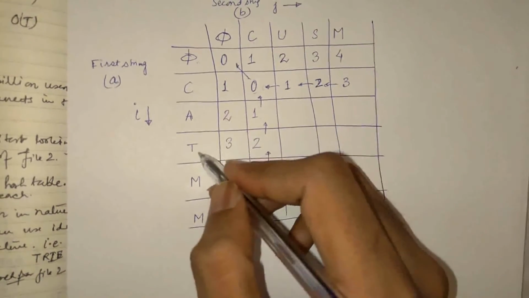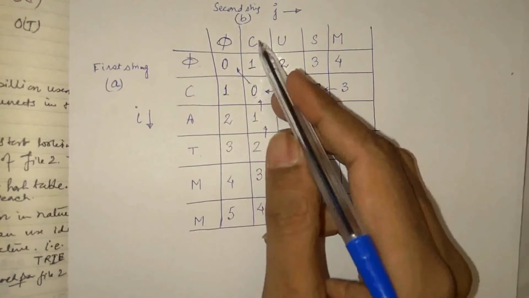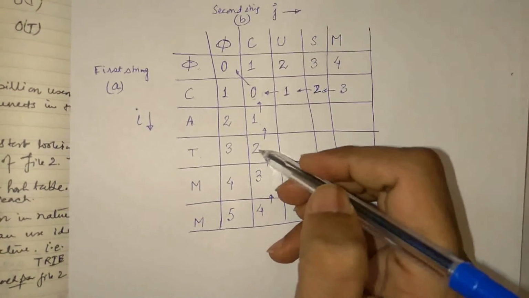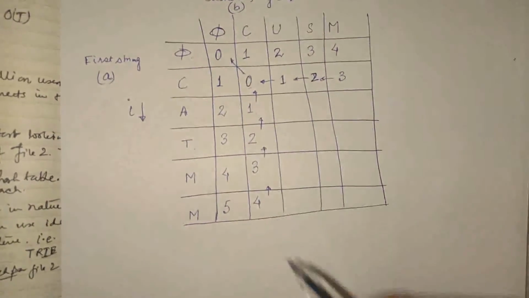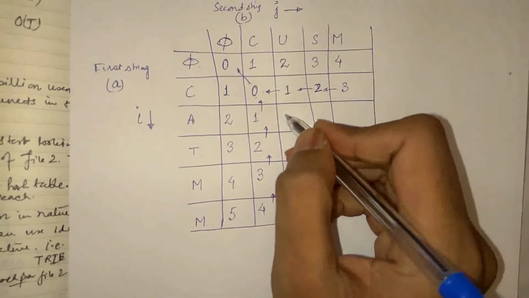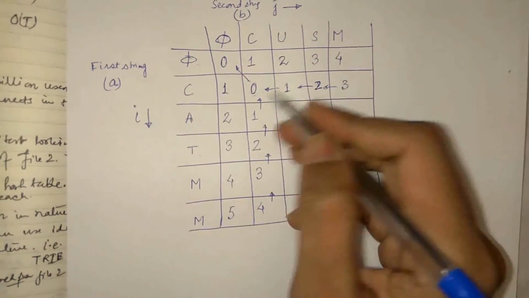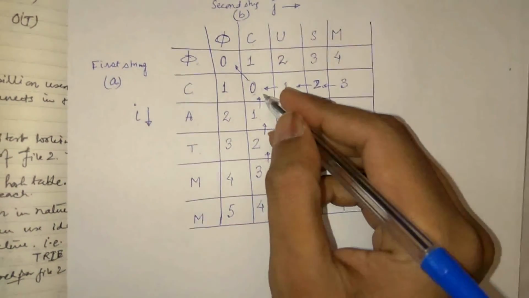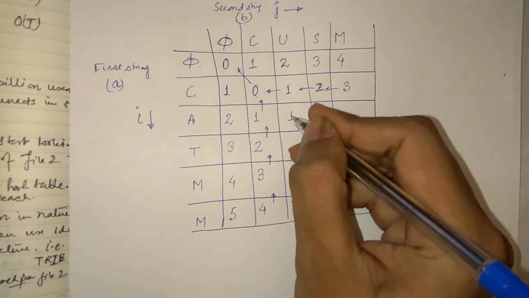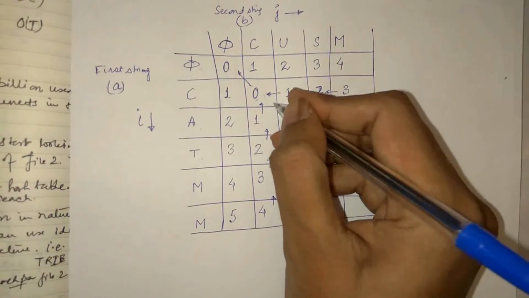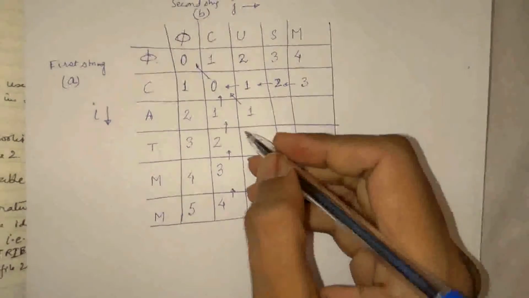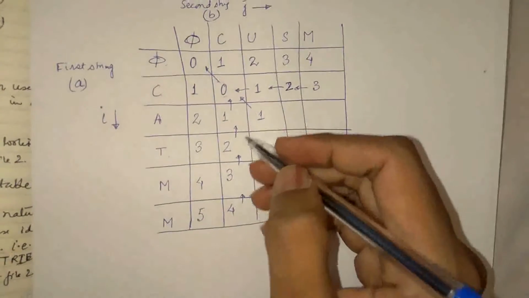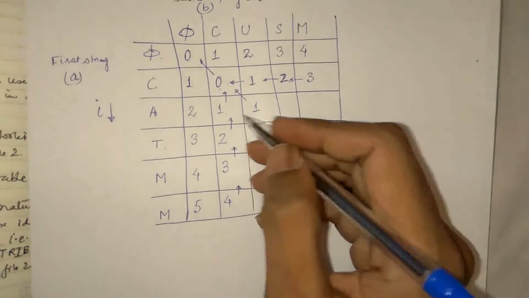So for this, T is not matched with C. For this calculation, we need to find the minimum, that is 1 plus 1, that is 2, and so on. For this, U and A do not match, minimum of these 3, that is this one plus 1. This is this direction, right? T and U do not match, so minimum of this is 1.